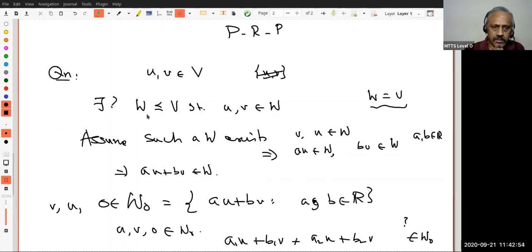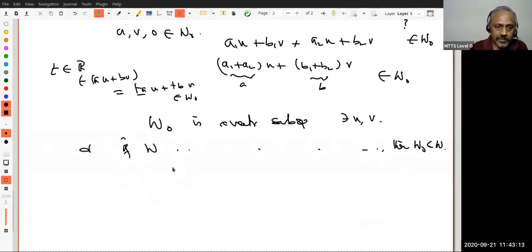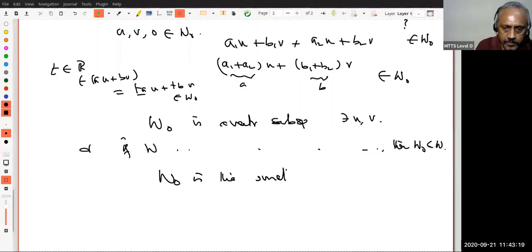If at all u and v belong to W, then we saw a u plus b v must be in W. That means take any vector in W0, it is already in W. You understand? Therefore, we have shown W0 is a subset of W. Now, what we proved was W0 is a vector subspace. Therefore, what we conclude, as we did earlier, is that W0 is the smallest vector subspace containing u and v.